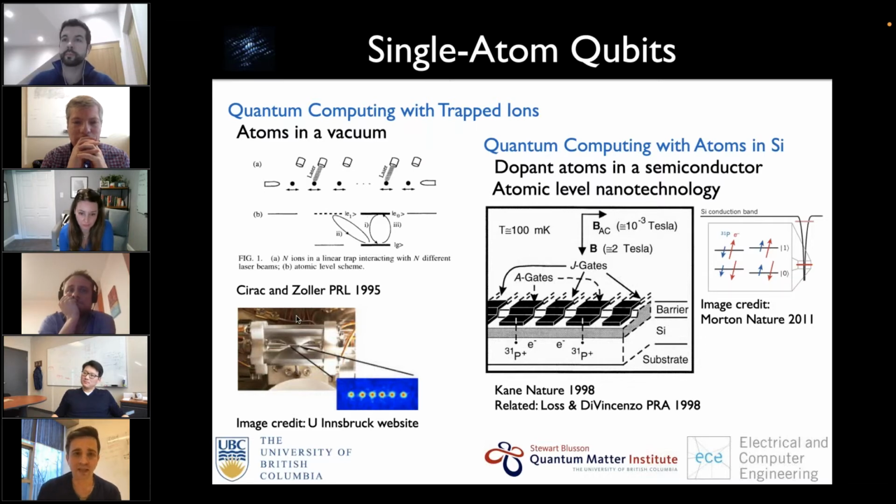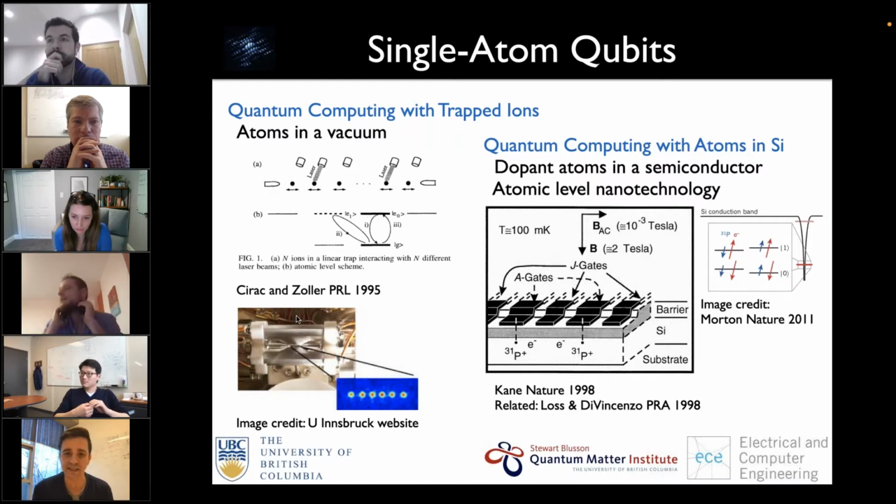So as Jonathan alluded to, the nanotechnology is very different from this. It's very small-scale devices or structures down to the level of atoms. And what I believe is the first proposal for quantum computing with atoms was proposed in silicon.